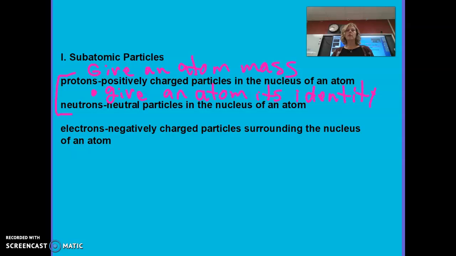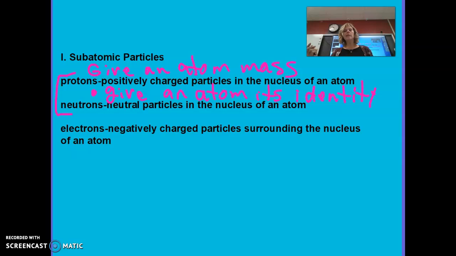Any atom in the universe that has 6 protons, because the element number is the number of protons, any element with 6 protons is carbon, regardless of any of the numbers of other particles or any of the other properties. If it has 6 protons, it is carbon. If it has 7 protons, it is nitrogen. If it has 8 protons, it's oxygen every single time, because that number of protons is what gives an atom its identity. That's how we determine what element it actually is.